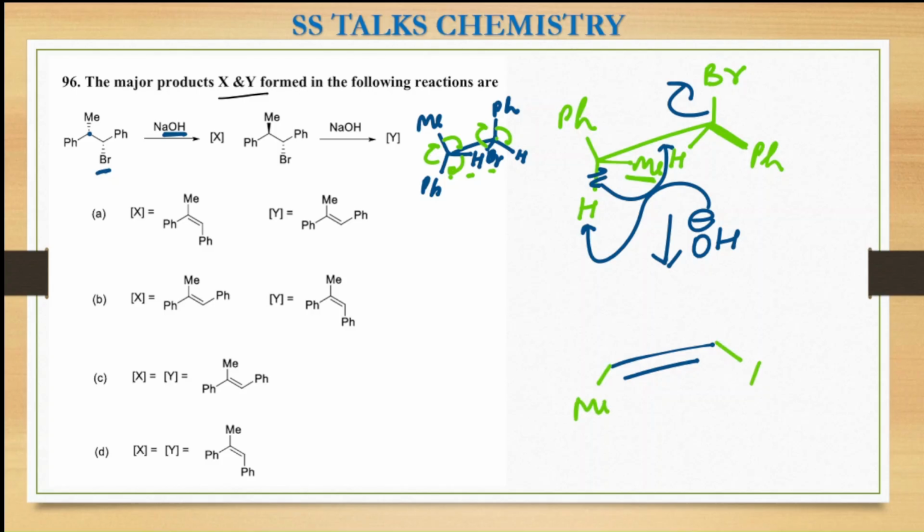So methyl and the pH are on the same side, and the other substituents, this pH and this hydrogen, are present on the other side. So this is the molecule that you are getting, that we can observe in option B only. I can see B and C are present, so we have to check the product Y formation as well. So this is what you will observe for the X molecule.